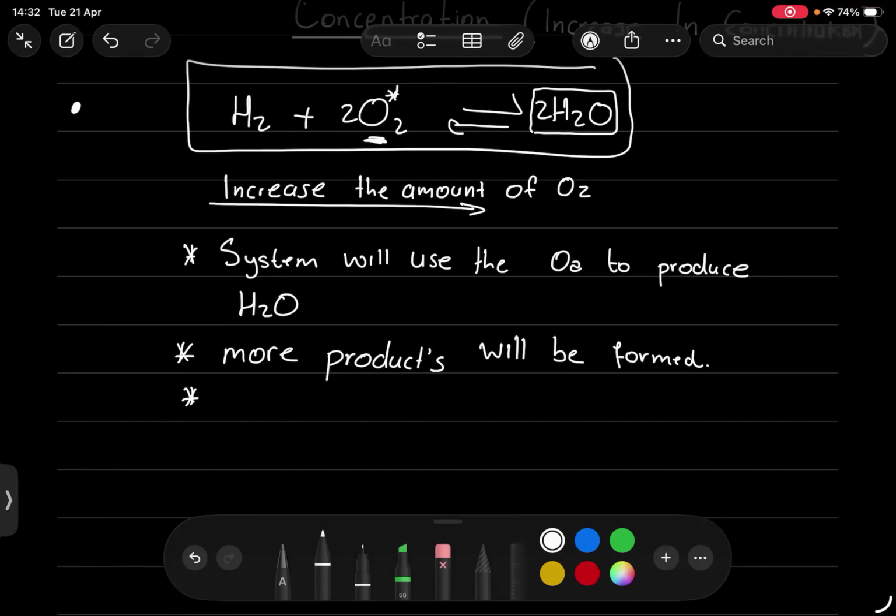The forward reaction is favored, because if more products are formed, the forward reaction will be favored. The forward reaction will be favored when you increase the reactant.